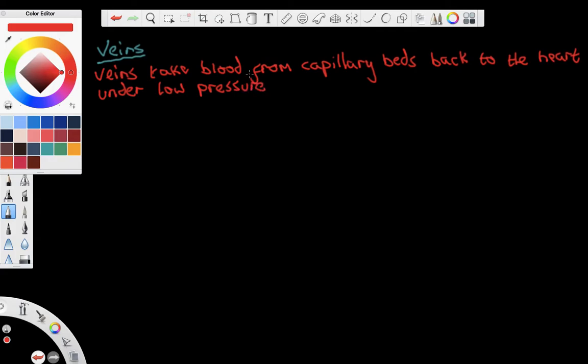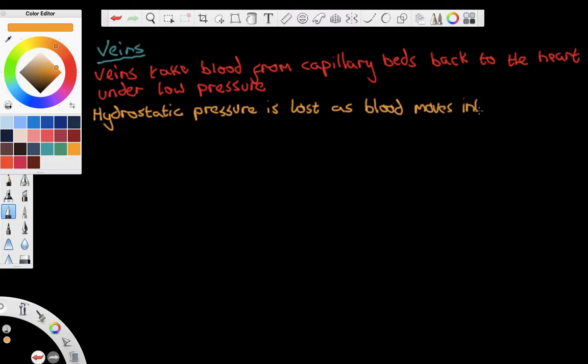Remember, the hydrostatic pressure from the heart contracting is lost when the blood flows into the capillary bed. Okay? So we can say, in fact, we'll write it underneath: hydrostatic pressure is lost as blood moves into the capillary bed.